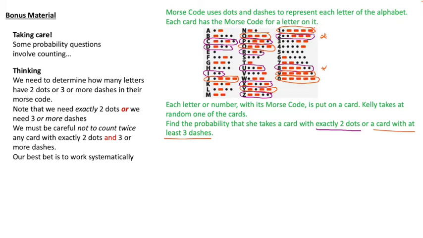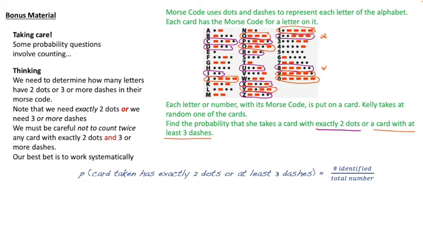Okay, so now we're in a position to work out the probability. The probability that the card taken has exactly 2 dots or at least 3 dashes is the number identified divided by the total number, and there are 17 that have got lozenges round or have been identified, and there are 26 letters, 10 digits, and therefore we have 17 over 36 as our probability.